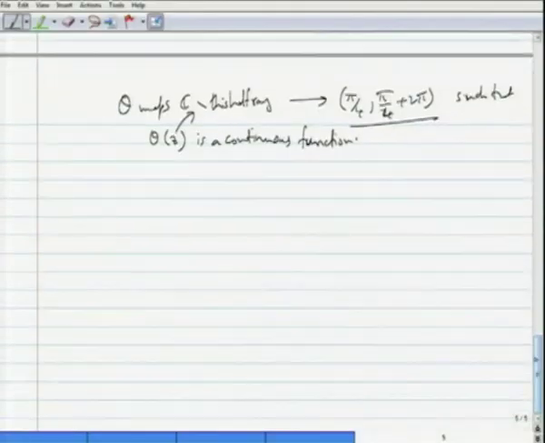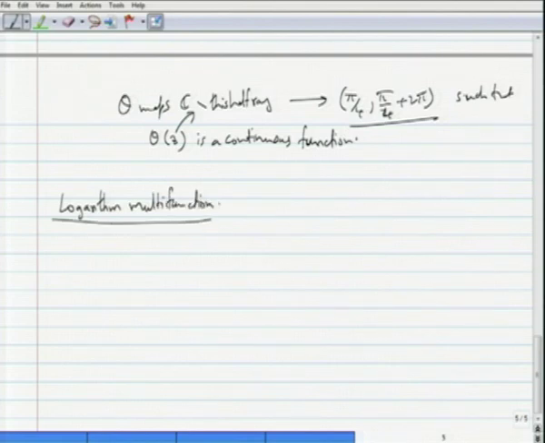So, here is the logarithm multifunction. We have already seen the exponential function. So, consider the solutions to, let us first let z belong to C minus 0.